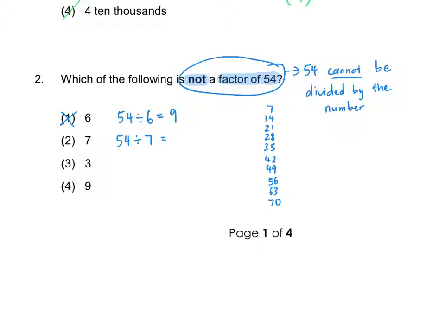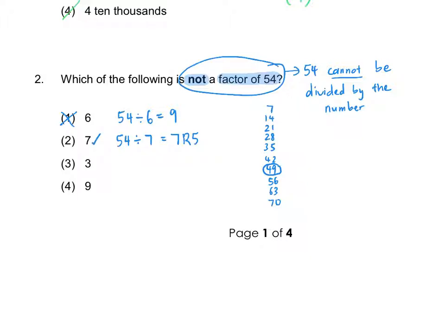Is there a 54 in the list? No. The nearest, closest but smaller answer is 49, position 7. So you have 7, remainder 5. So 54 cannot be divided by 7. This is actually the answer.